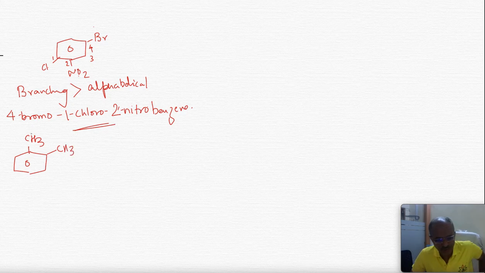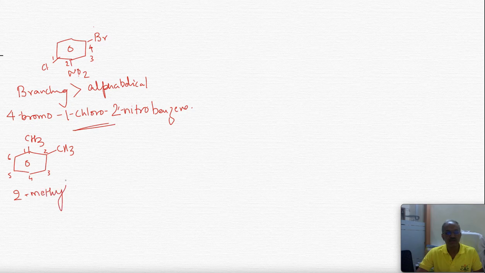See, one more thing. Suppose here there is 1, 2, 3, 4, 5 and 6. So it is 2-methyl toluene, because CH3 on the C6H5 ring is known as toluene.